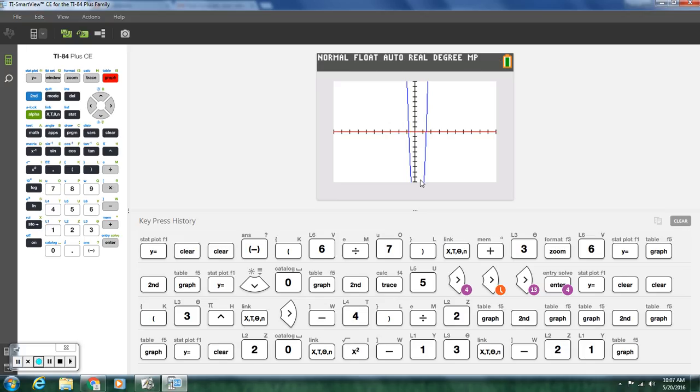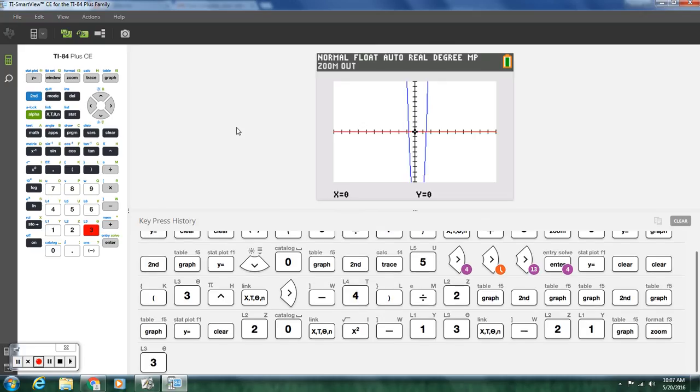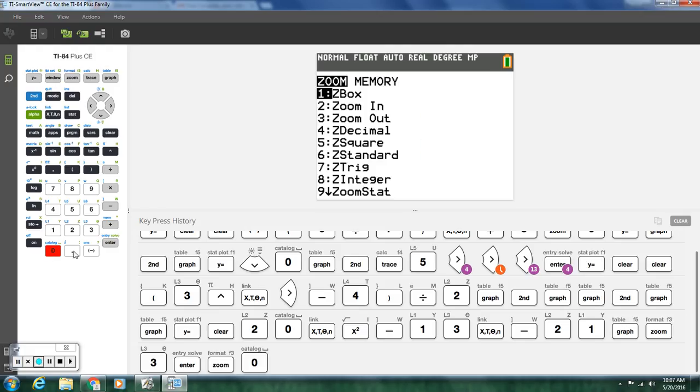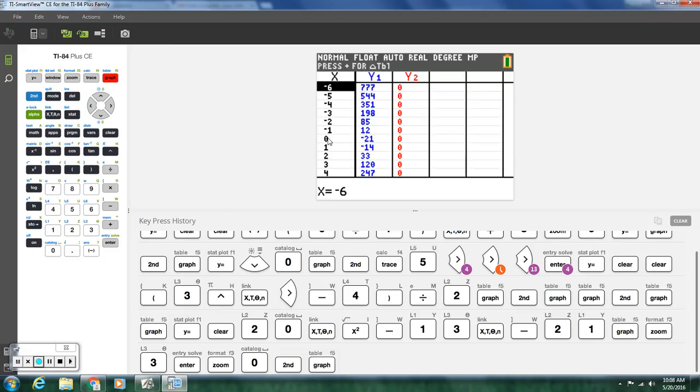No, it's crossing somewhere down here, so I need to see more. I could zoom out, or I could zoom fit, whichever one I wanted to do. Zoom out is not the best. I don't normally use zoom out. If I have to do anything, I'll do zoom fit sometimes. It's still not the best. You want to see the y-intercept. Remember, x is 0 at the y-intercept. X is 0, what is y?